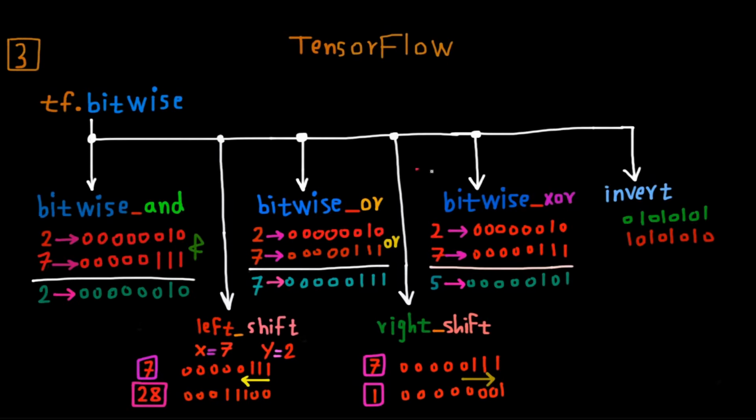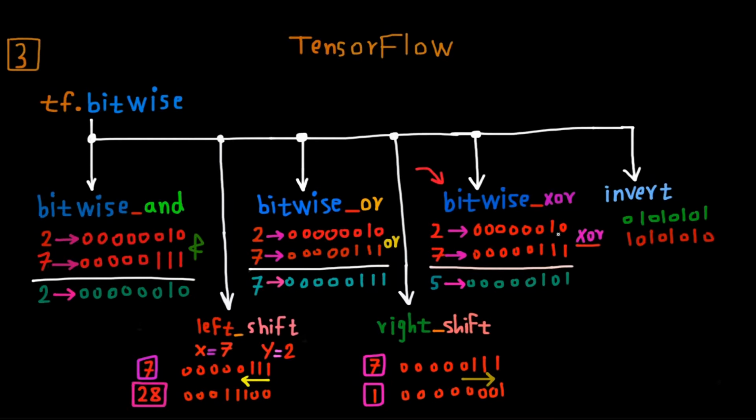Now let's go to the bitwise XOR function. Let's say x equals 2, y equals 7. Here is the binary representation of 2 and the binary representation of 7. And we will apply XOR on these two binary numbers.